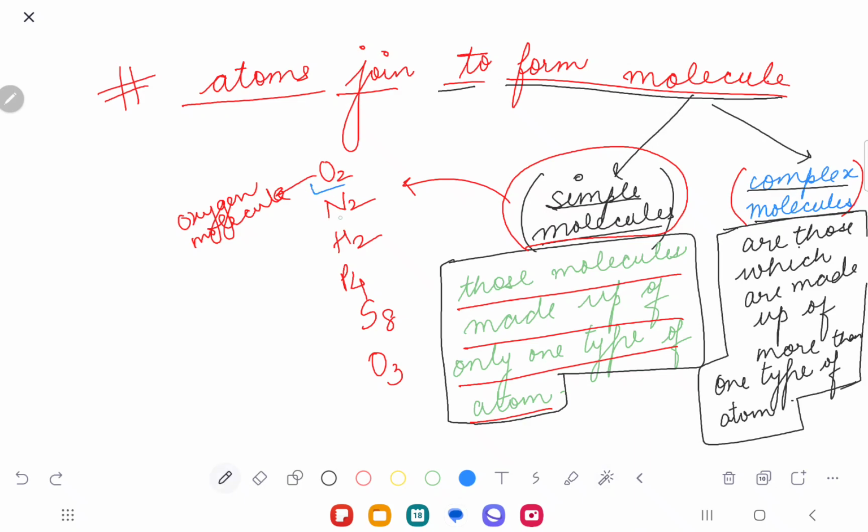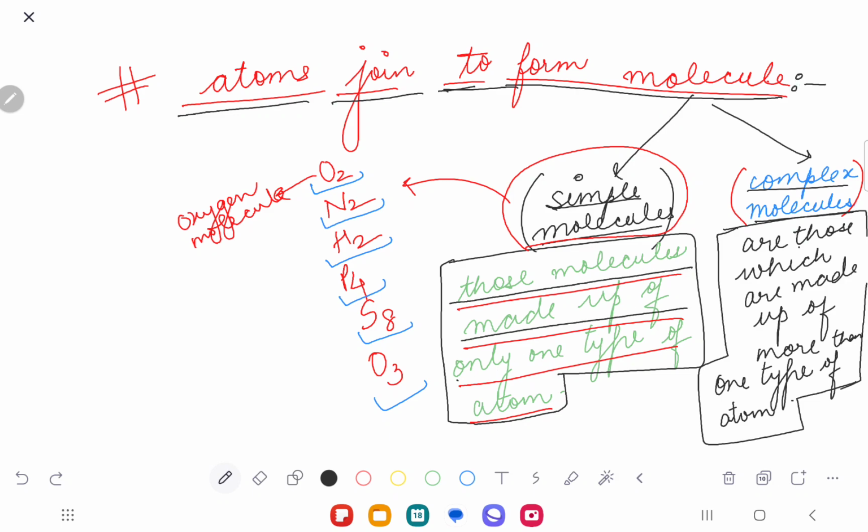And all the atoms in a molecule are of the same type. Are you understanding my point? Any doubt? That means when atoms join to form a molecule, and those molecules are made up of only one type of atom, those molecules are called simple molecules.